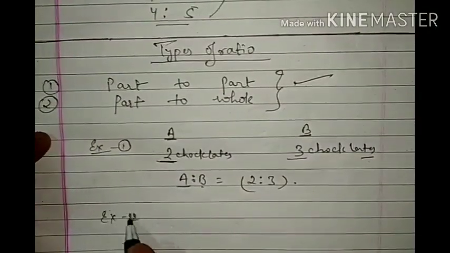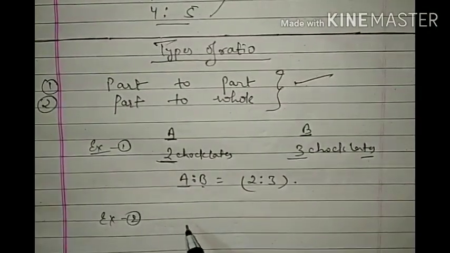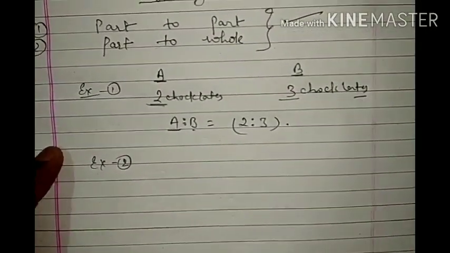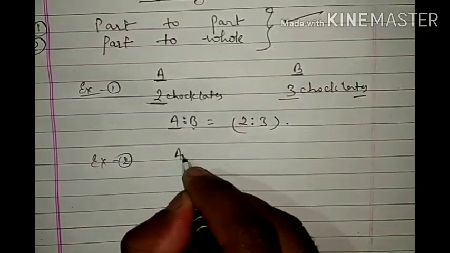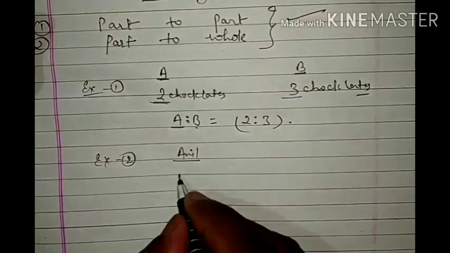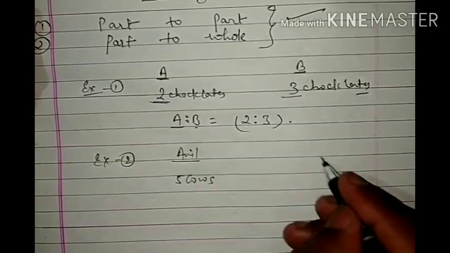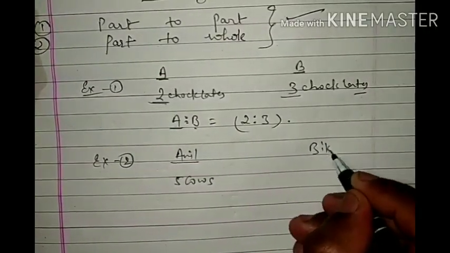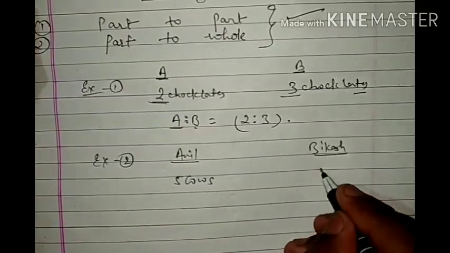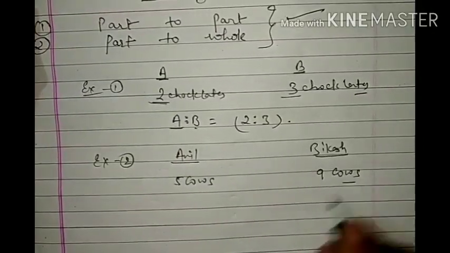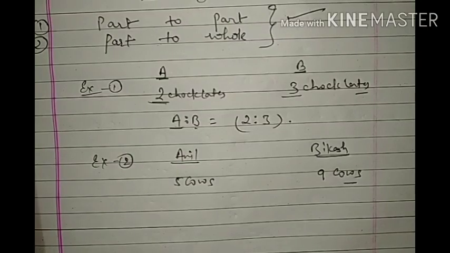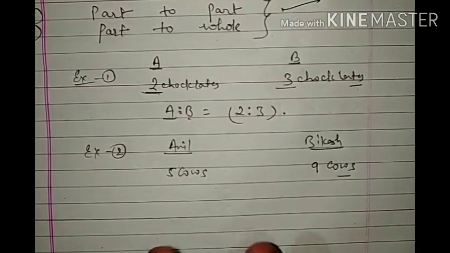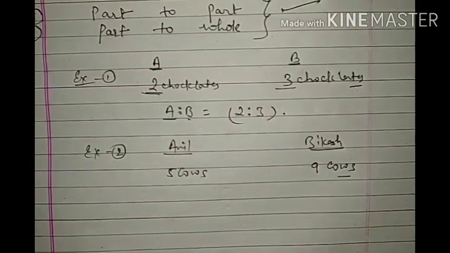Example 2. Suppose a farmer, his name is Anil, has 5 cows, and another farmer named Vikas has 9 cows. If I ask you the ratio of the cows of both farmers, what will be your answer?